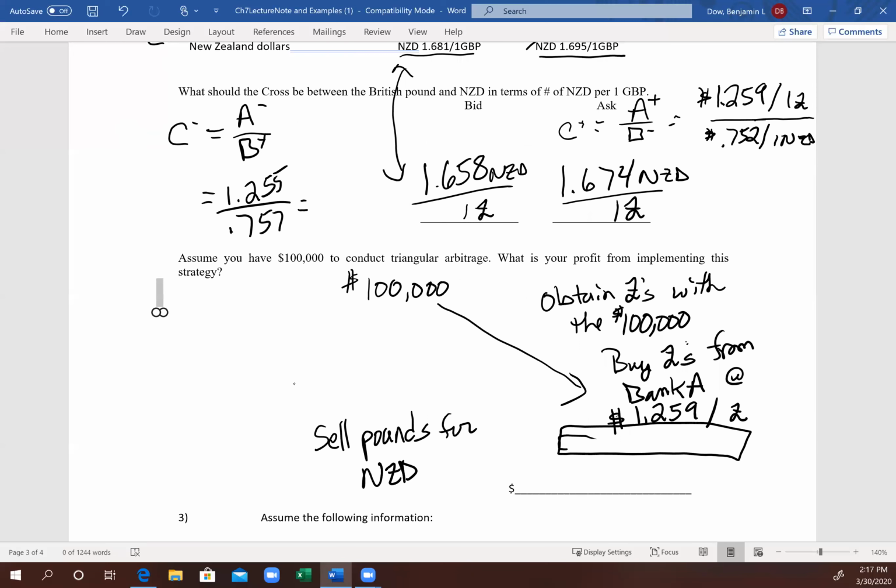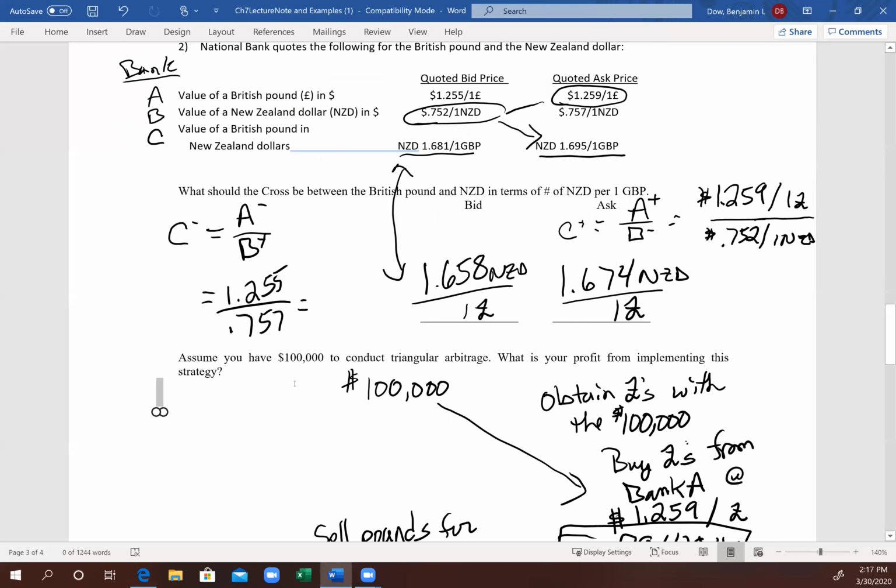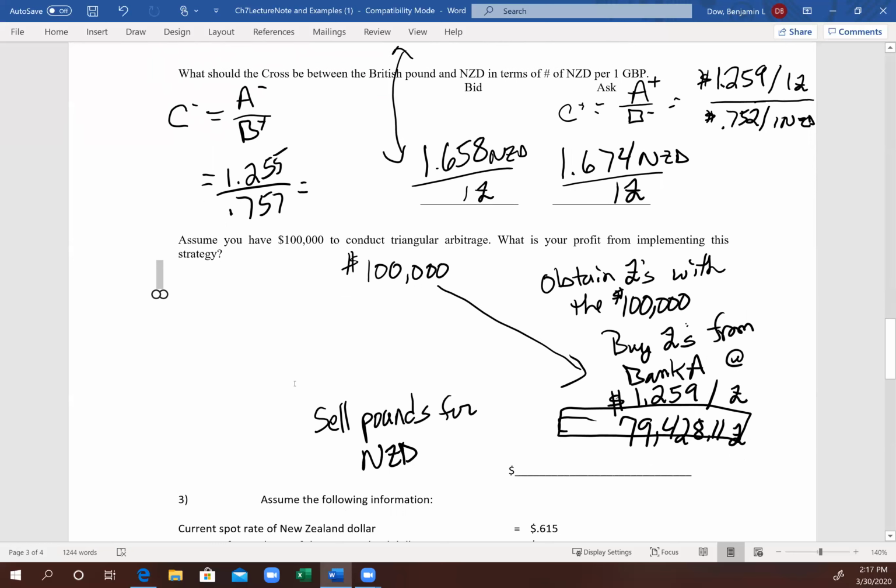Therefore, we're going to take $100,000 and divide it by 1.259. And that's going to give us 79,428.11 pounds. Now, why did we have to use the ask price above? We had to use the ask price because we needed to buy pounds with the dollars that we have.